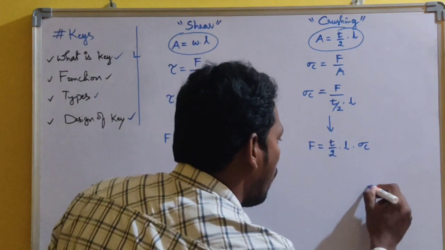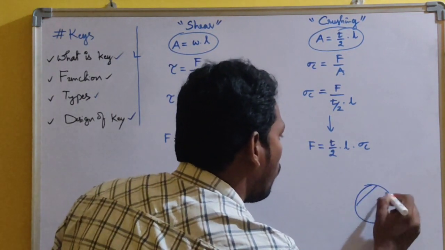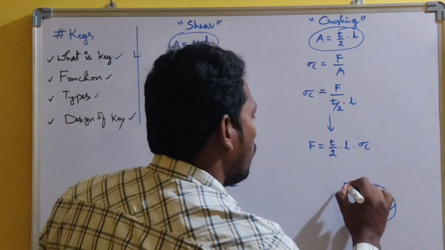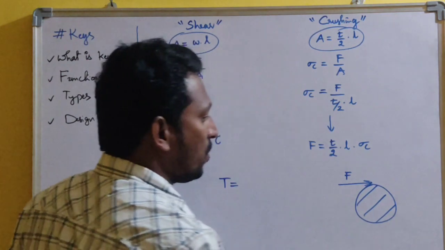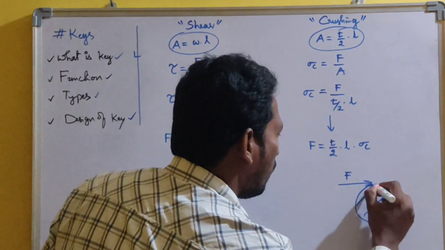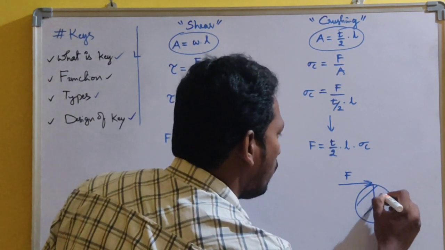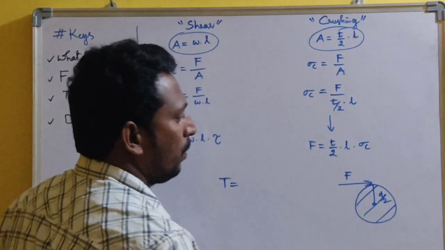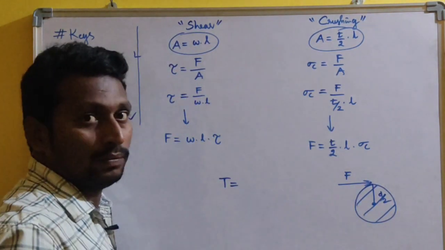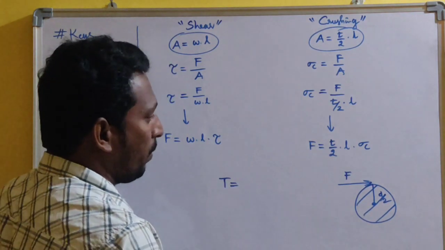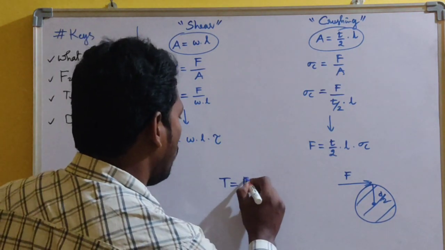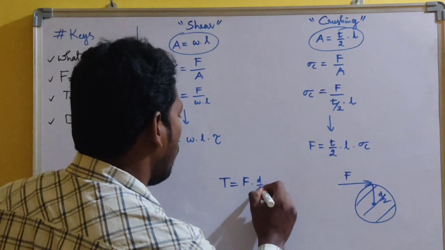So here I will draw one diagram. This is a solid shaft. There will be a tangential force acting on the surface of the shaft, and the perpendicular distance is d by 2, or small r. Now the twisting moment formula can be written as the force into the perpendicular distance d by 2.